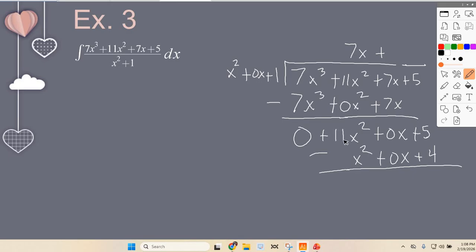That should be an 11x squared. Agreed? 7 times 0 is 0, not 7. So that makes this an 11. No, sorry, that's still 5. That should be this.